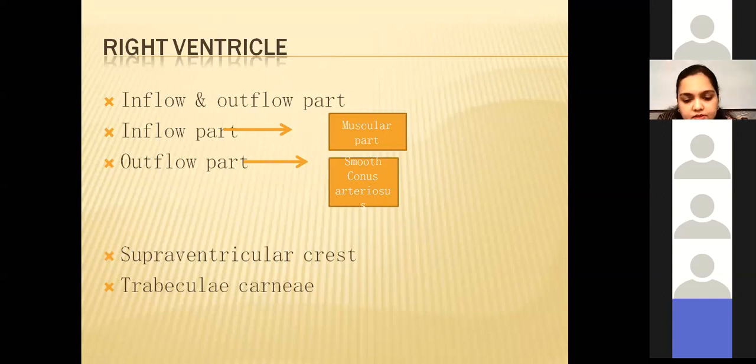These valves have cusps, three on the right side and two on the left side. These cusps are fibrous, and they are supported by special cords called the chordae tendineae, with papillary muscles attached to them. These are fibrous ring-like skeleton present in the cusps of the atrioventricular valves.